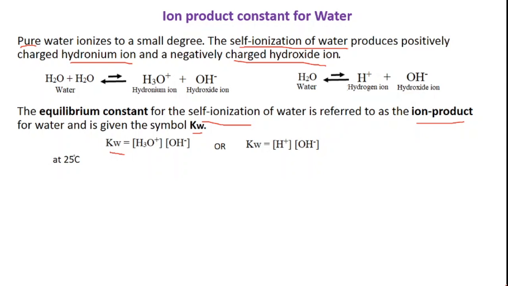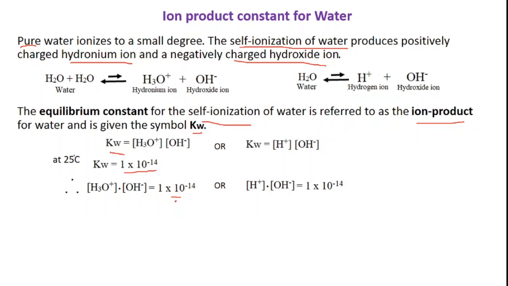So we know that at 25 degrees Celsius the value of Kw is 1 into 10 raised to minus 14. Therefore, concentration of hydronium ion into concentration of hydroxide ion becomes 1 into 10 raised to minus 14, where concentration of H3O plus is equivalent to concentration of H plus ions generated in the water. So we can denote concentration of H plus ion into concentration of OH minus ion as equal to 1 into 10 raised to minus 14.